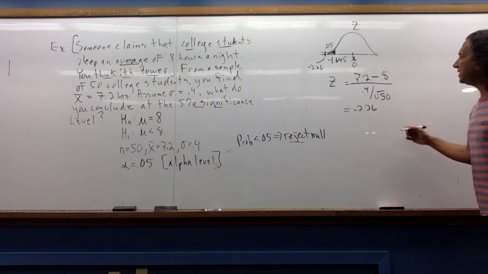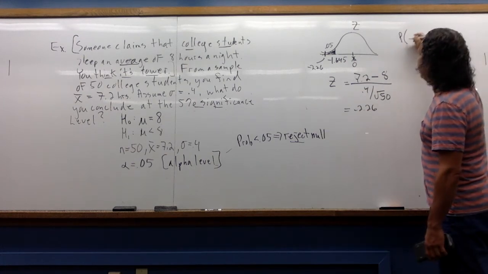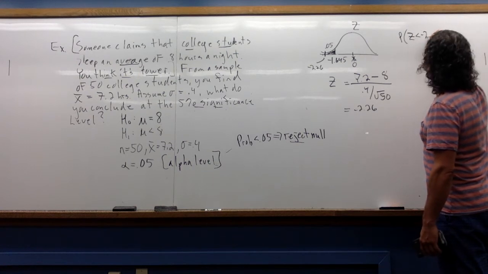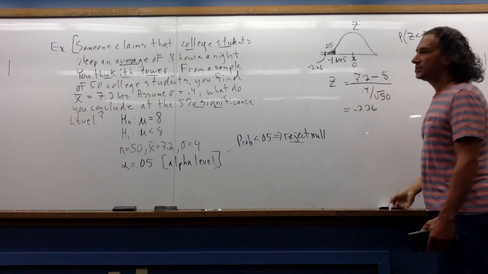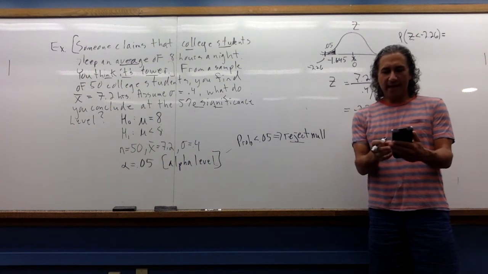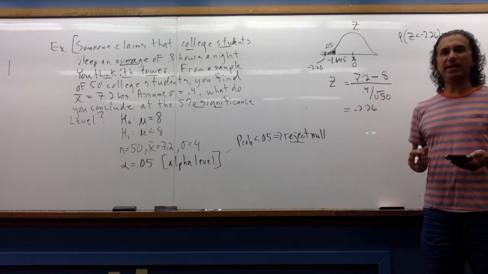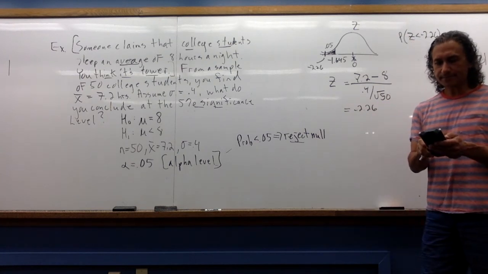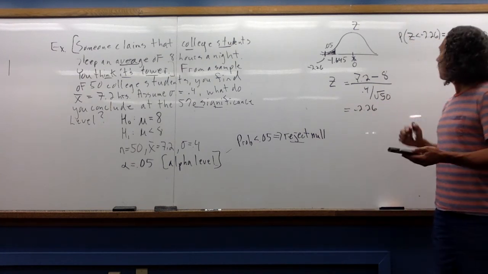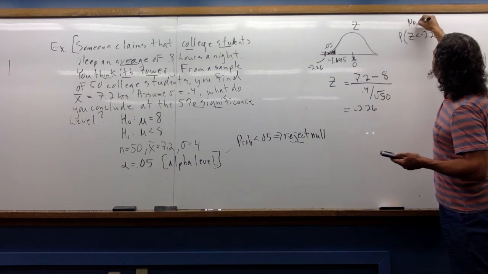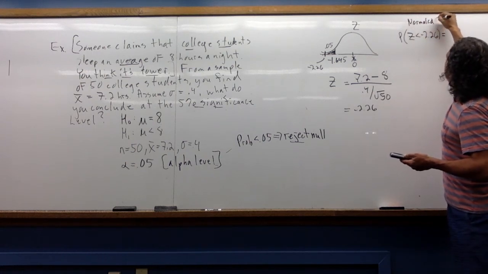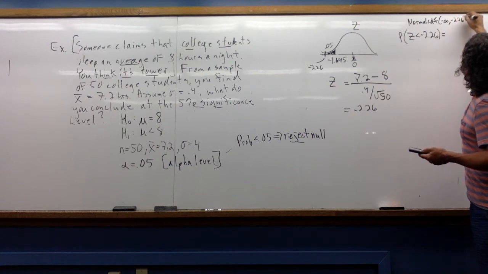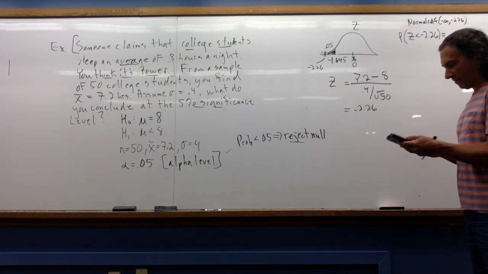So what we can do is compute the probability that z is less than minus 2.26, so we can actually specify exactly how unlikely this is. We're going to use our good friend normal CDF from minus infinity, or again, minus 10, to that value.